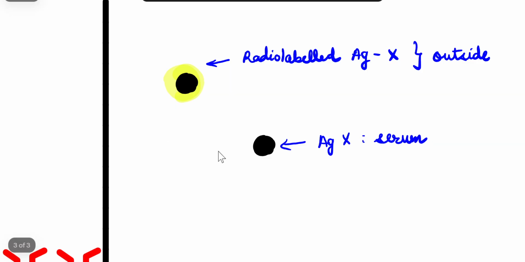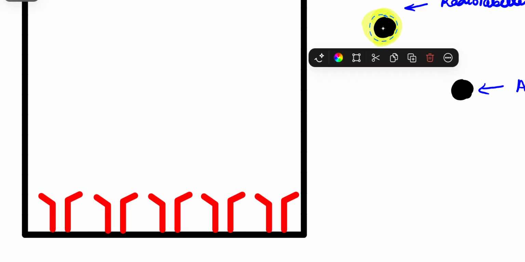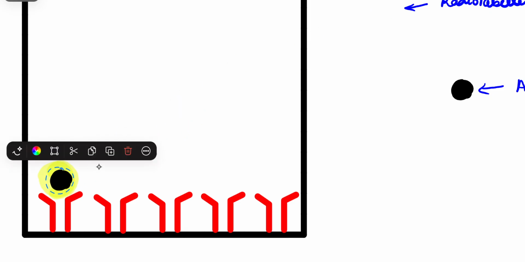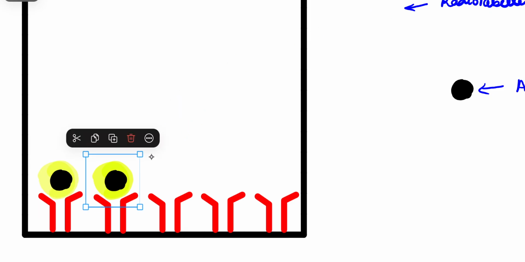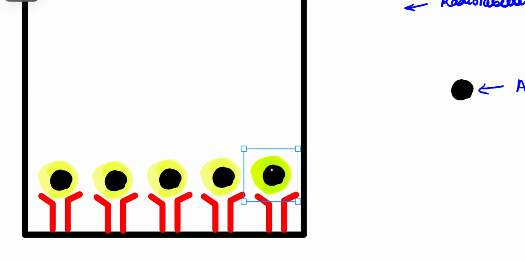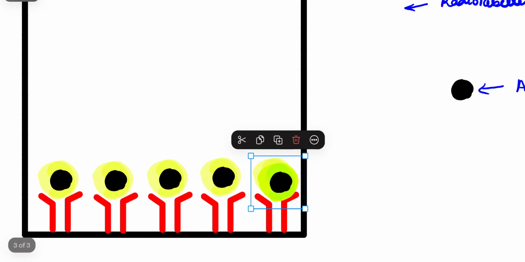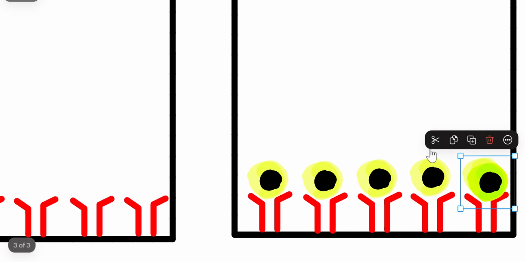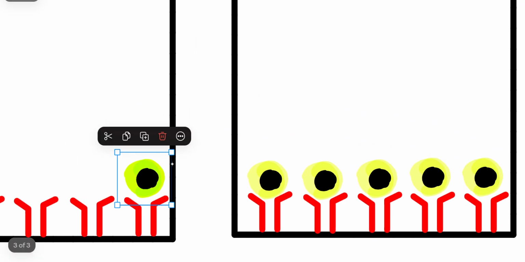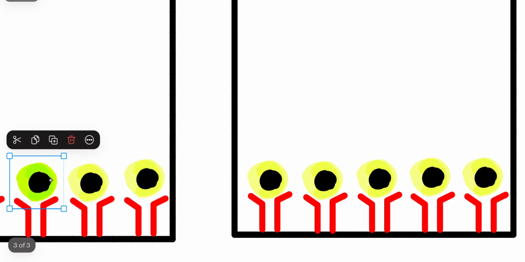Now what do we do? First of all, we add the radio labeled antigen to both our control as well as test wells. So I am adding it here. I am duplicating it because now it is added everywhere. Same goes for here also.